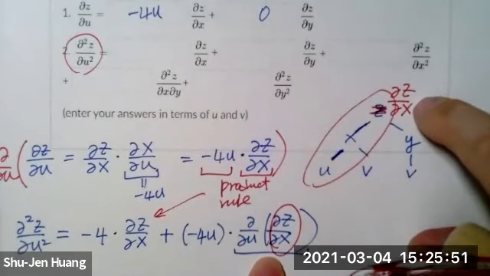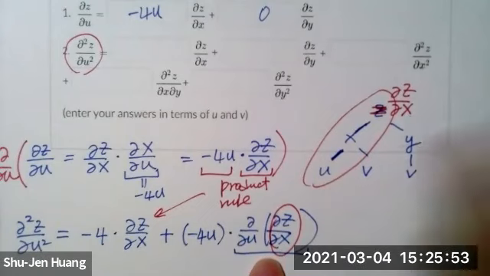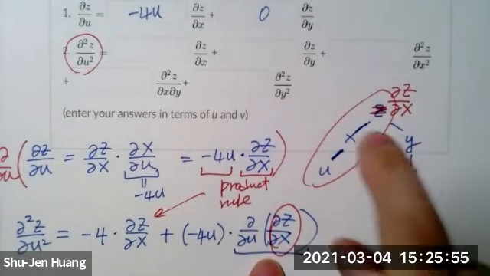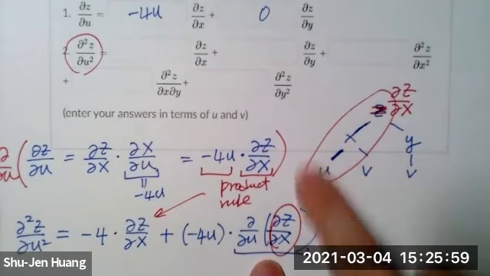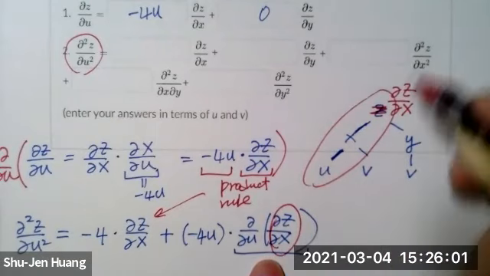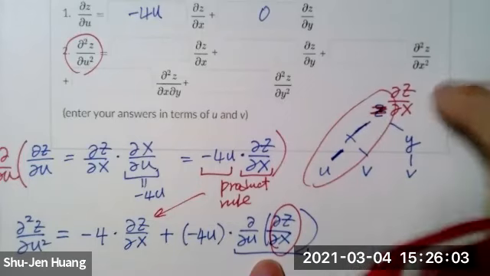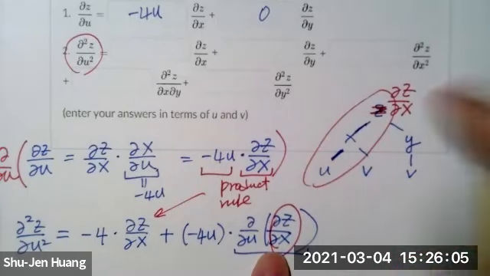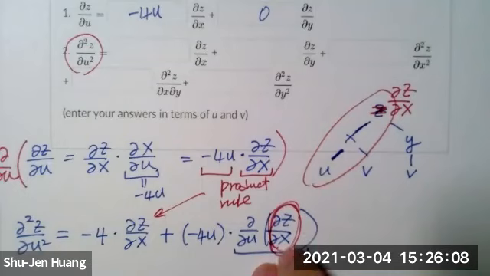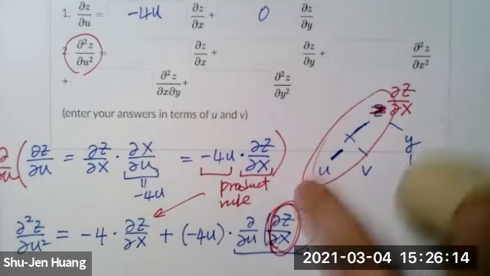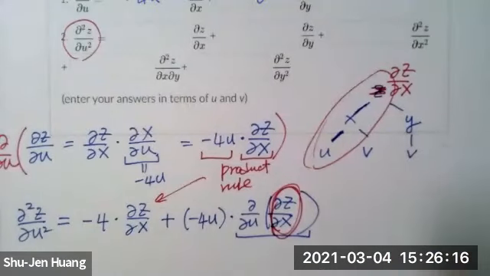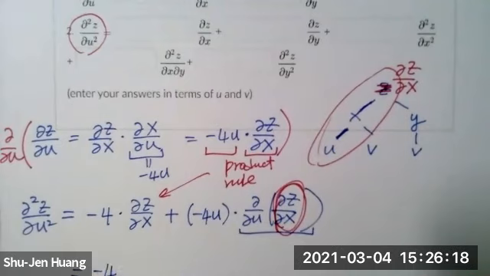Partial z, partial x is still a function of x, y. X is still a function of u and v, y is a function of v. So we use the same tree diagram, but change the parent function on top to partial z, partial x. Again, we only have one term here.